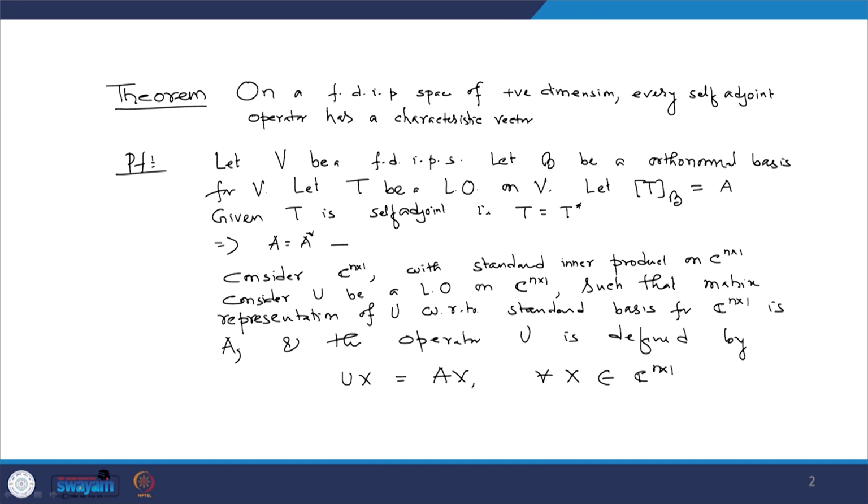Okay. So, I have defined the operator U, which is basically A multiplied to x.